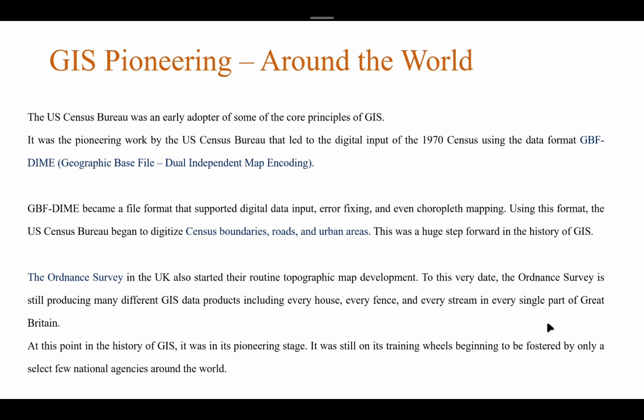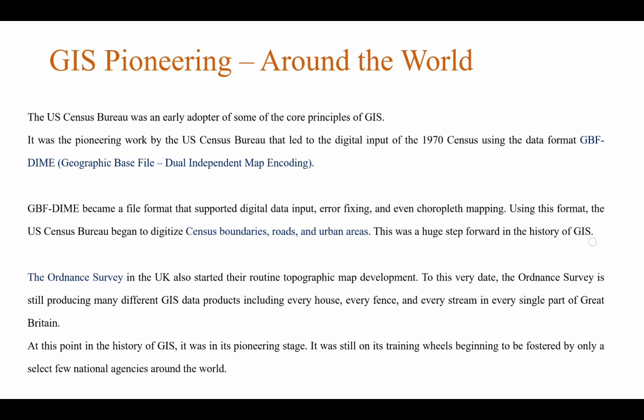So there was GIS pioneering done around the world. The US Census Bureau was an early adopter of some of the core principles of GIS. It was the pioneering work by the US Census Bureau in 1970 that led to the digital input of the census. And they at that time used something called GBF DIME.